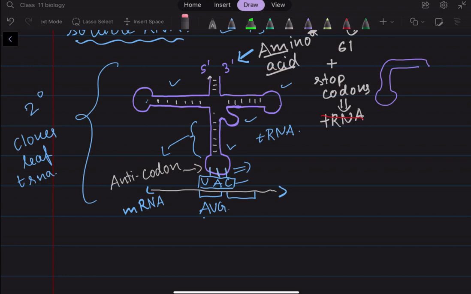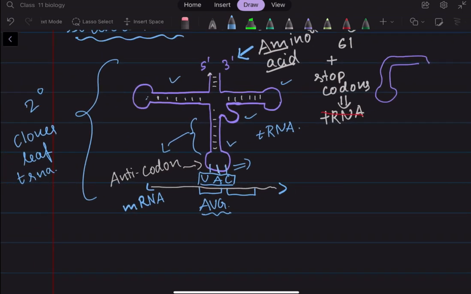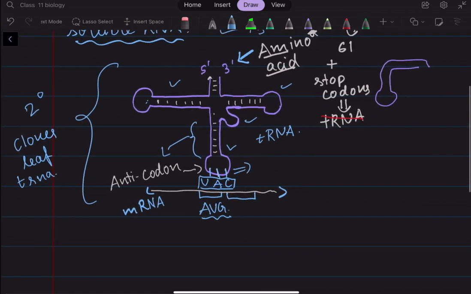We call this the anticodon because here we have our codon on mRNA, so we have the anticodon in the tRNA. In case the anticodon is UAC, we can easily identify by writing the complementary base. So we have AUG and we know that AUG codes for methionine. So the amino acid that it carries is methionine.